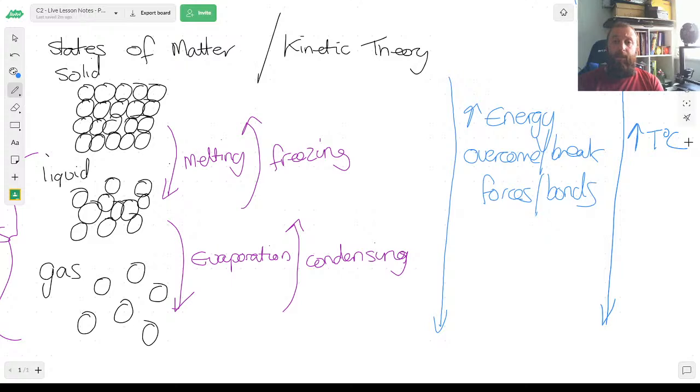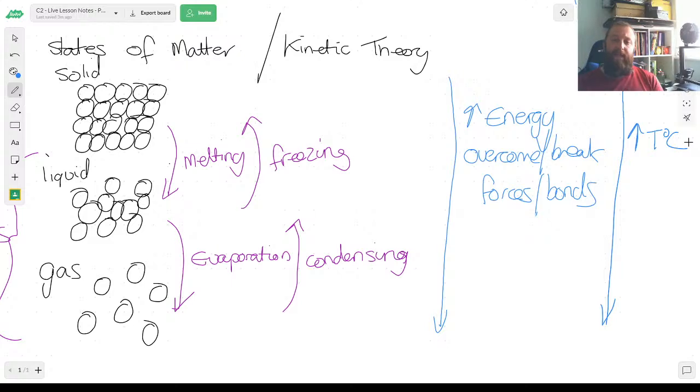Sublimation is where we go from a solid directly to a gas. If you've seen dry ice on films and on stages, that's solid carbon dioxide subliming directly into carbon dioxide gas, but it's still quite cold at that point.